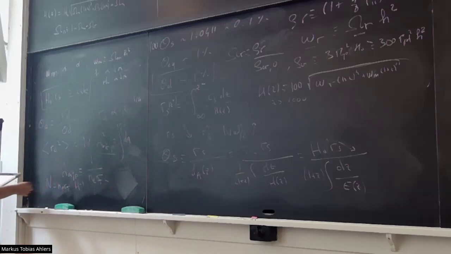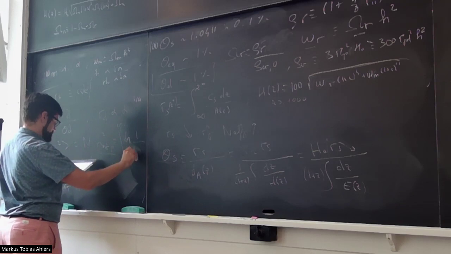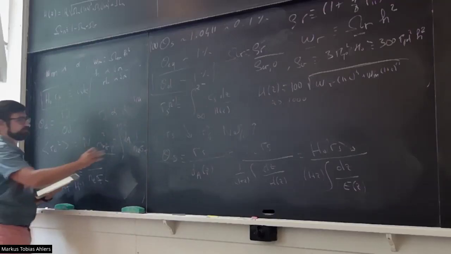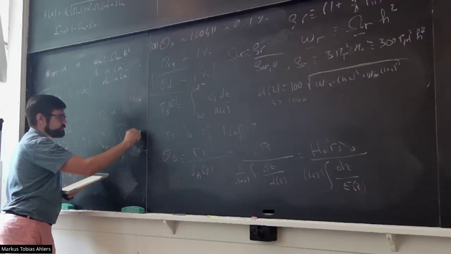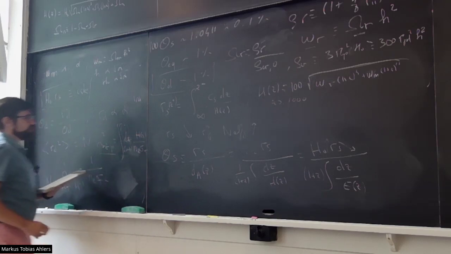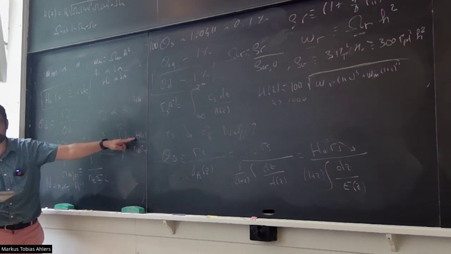1 over this, okay? And I can write this like this. And so you see that instead of having square root of alpha, I'm going to get a square root of H of z that's going to appear here.